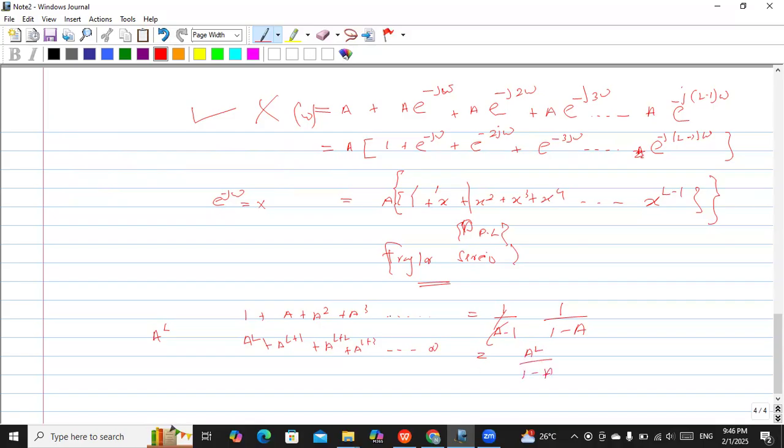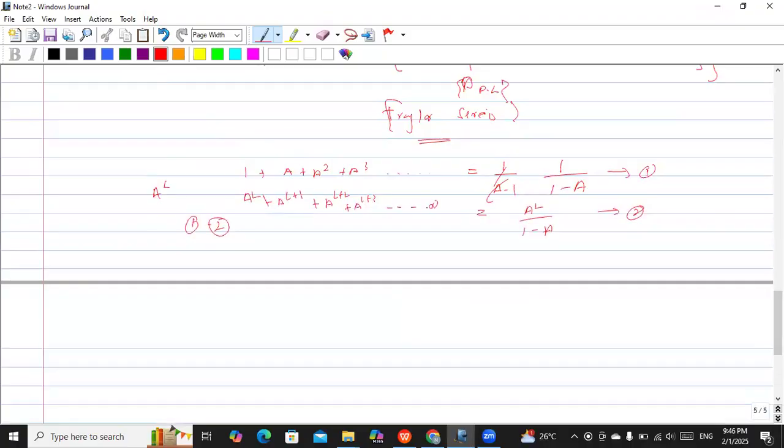So if you subtract 2 from 1, you will have these values, a plus a square, a3, so on. Here again you have a^(L-1) plus a^L plus a^(L+1).